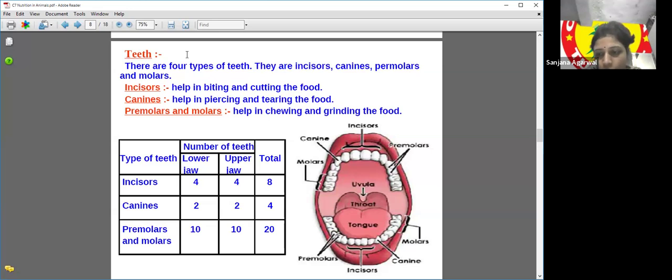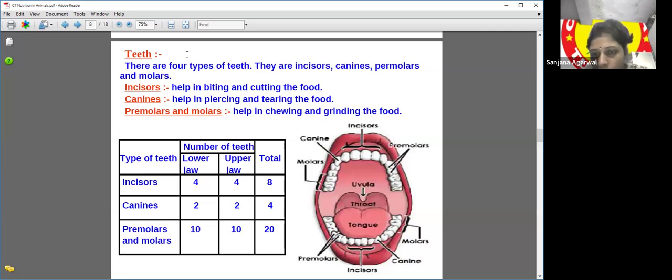At your age, not all the teeth are completely developed. By the age of 21, we get all 32 teeth most of the time, not always, including the wisdom teeth. So four different types of teeth are present: incisors, canines, premolars, and molars.